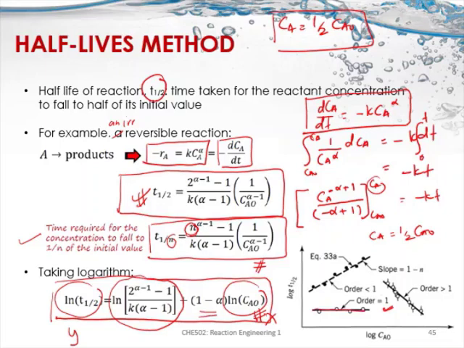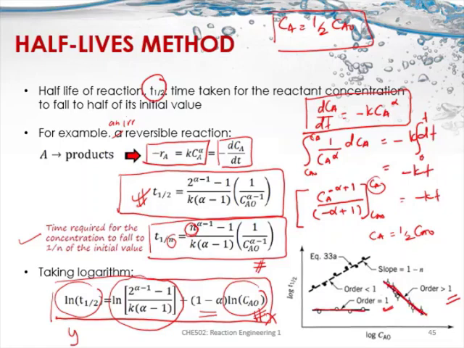If the order is more than 1, let's say 3, then 1 minus 3 is negative 2, so you should have a decreasing slope, a negative slope.